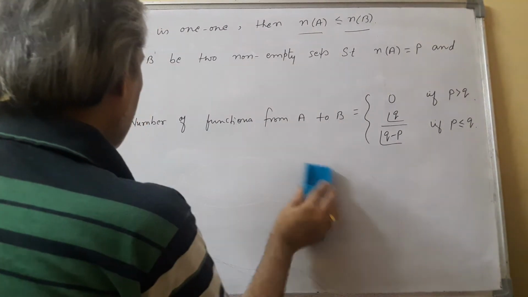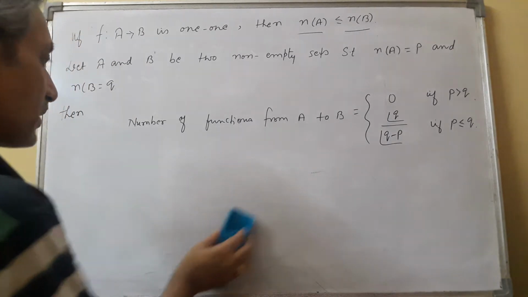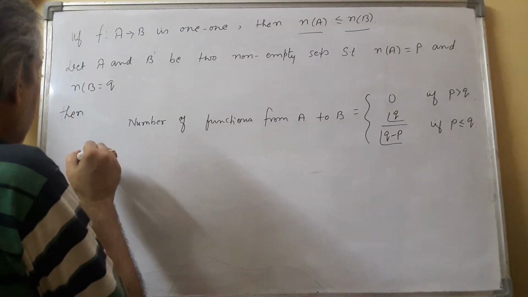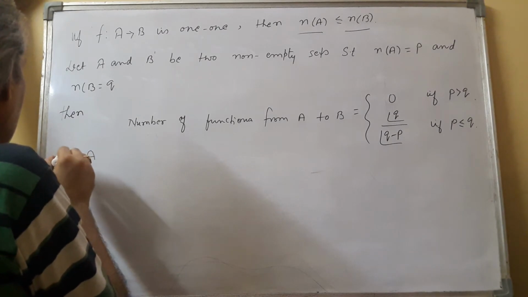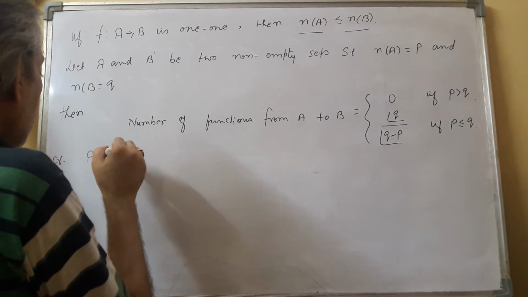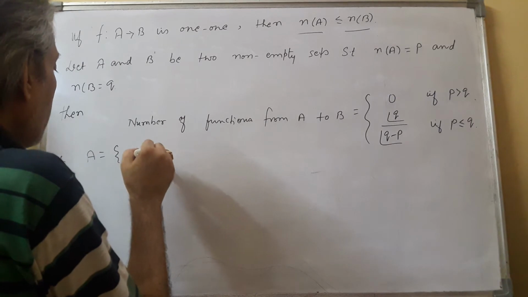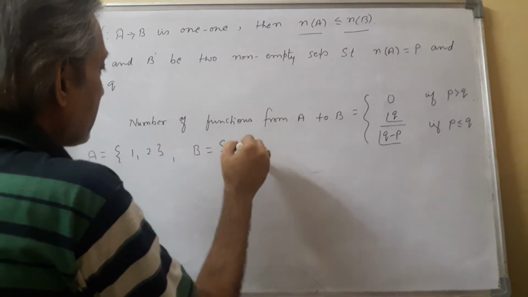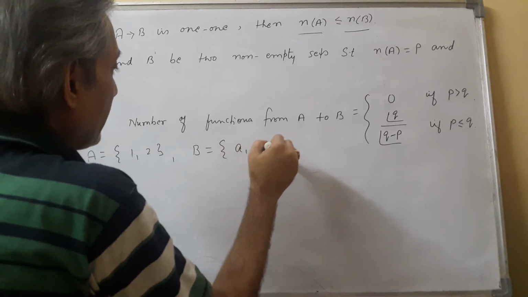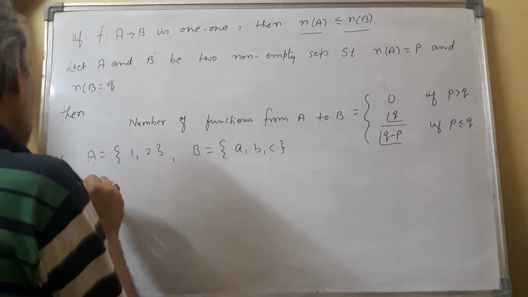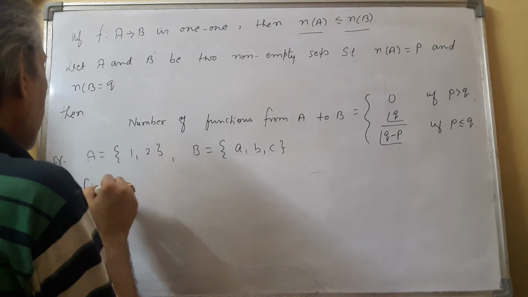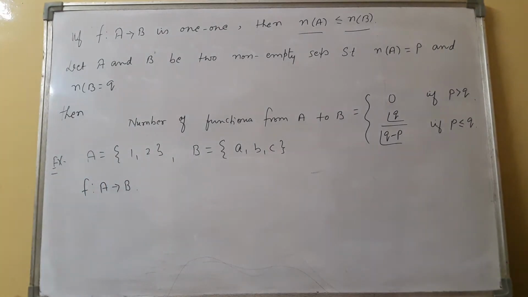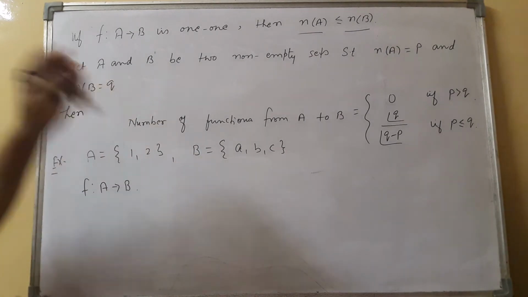Now let us take some example. Suppose we have set A containing 1, 2 and B containing a, b, c, and function is from A to B. Now the question is, how many one-one functions can be formed?